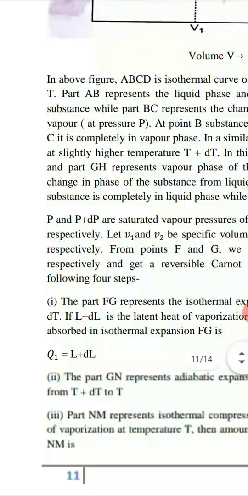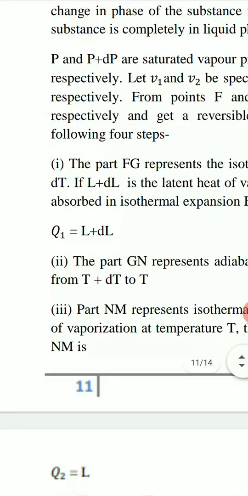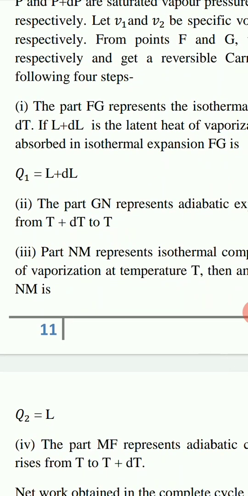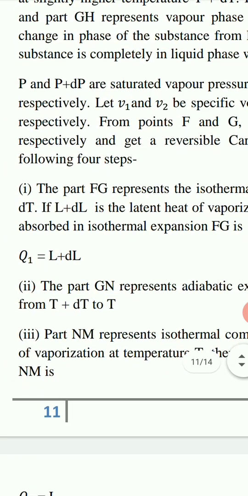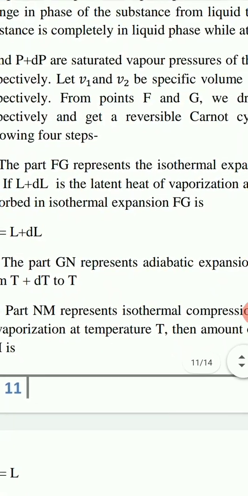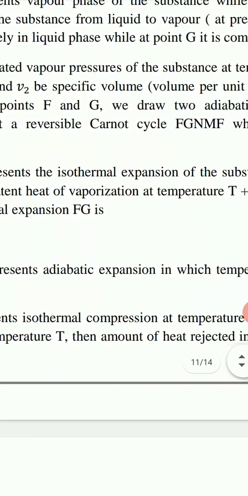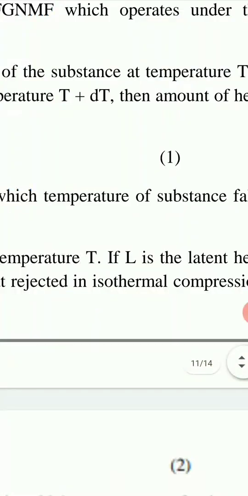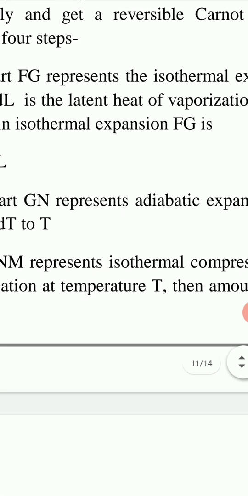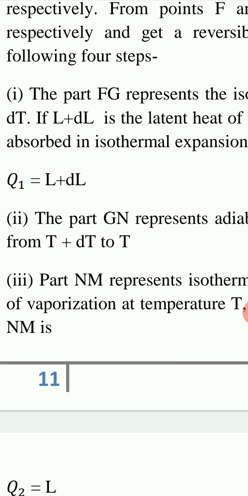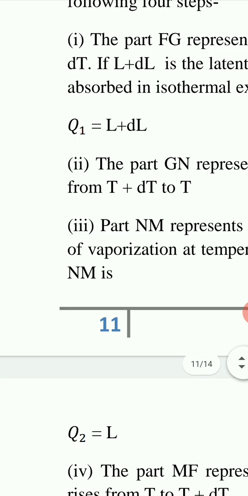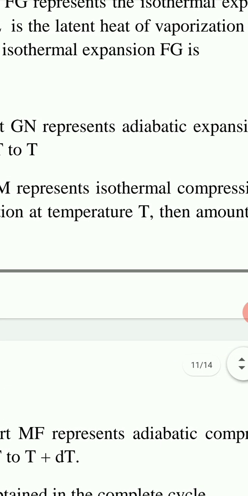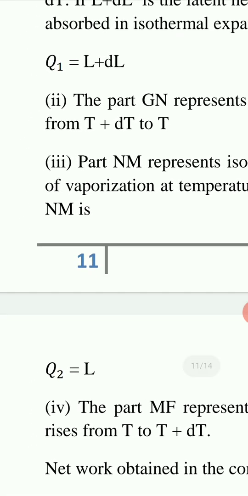In this Carnot cycle, we want to know how much heat is absorbed by the substance. In the first process, the part FG, which represents isothermal expansion of the substance at temperature T plus dT. If L plus dL is the latent heat of vaporization at temperature T plus dT, then amount of heat absorbed in isothermal expansion FG is Q1 equal to L plus dL.